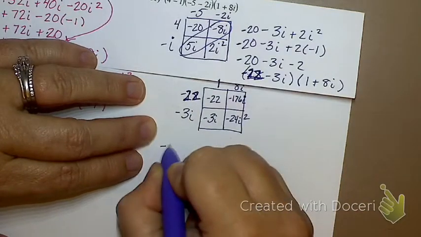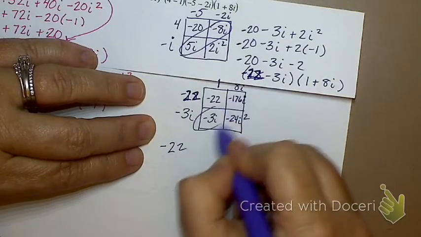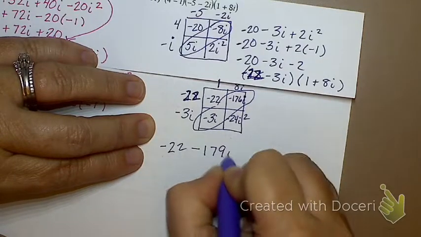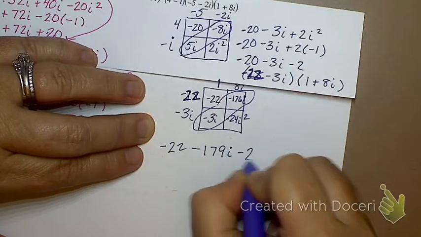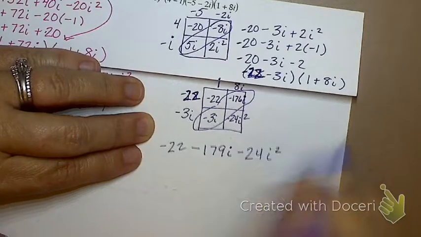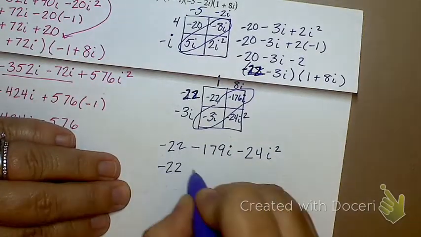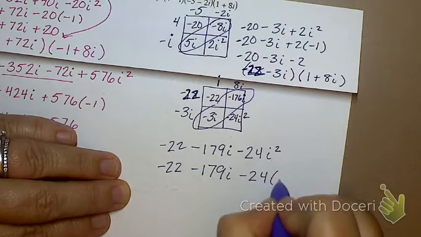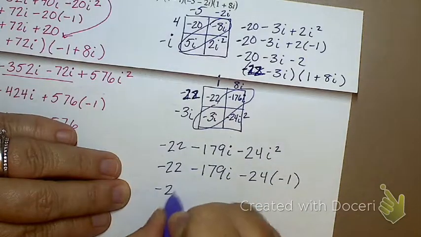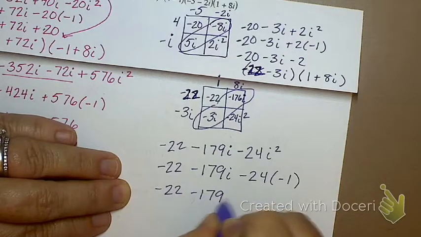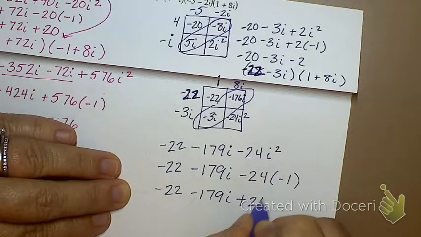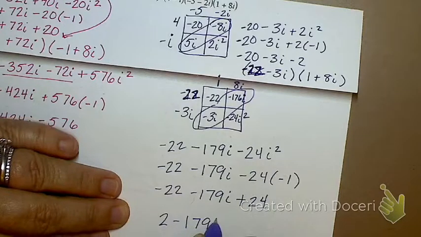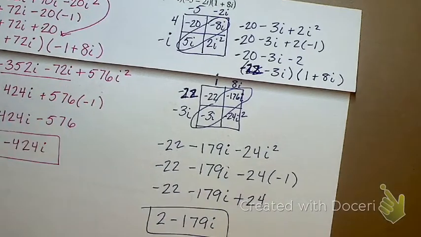So let's see, I have negative 22 minus 179i minus 24i squared. That's where I should end up.